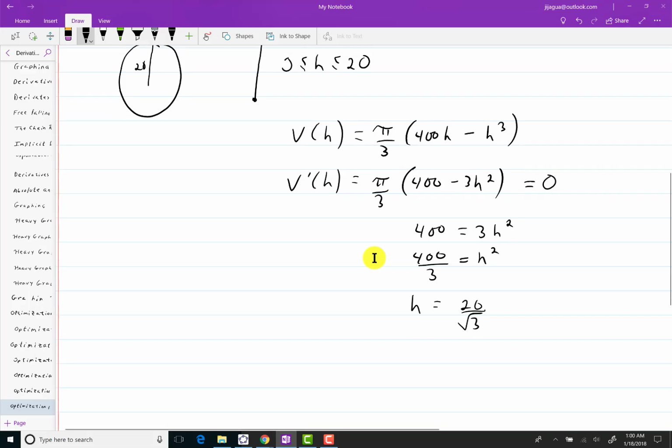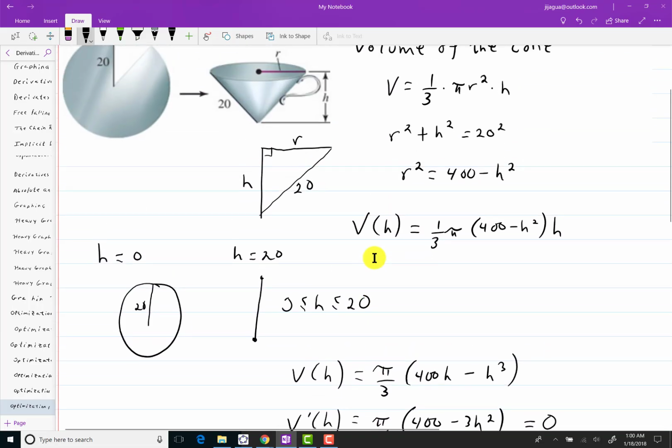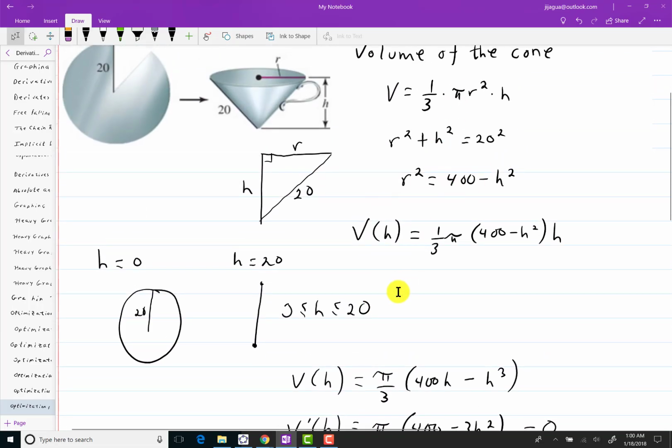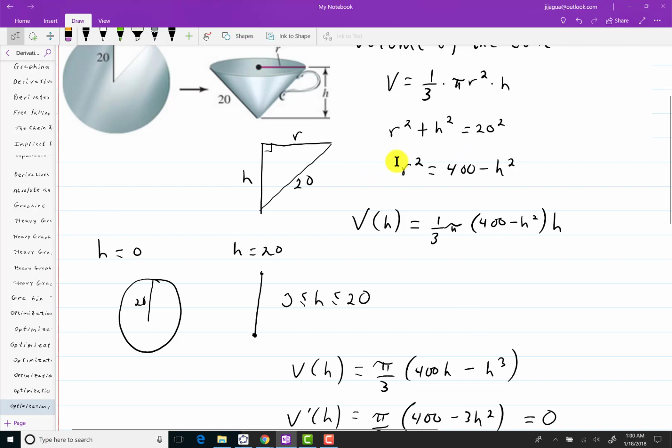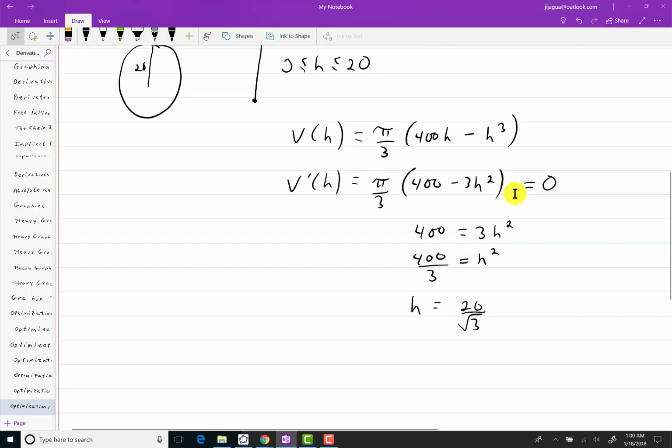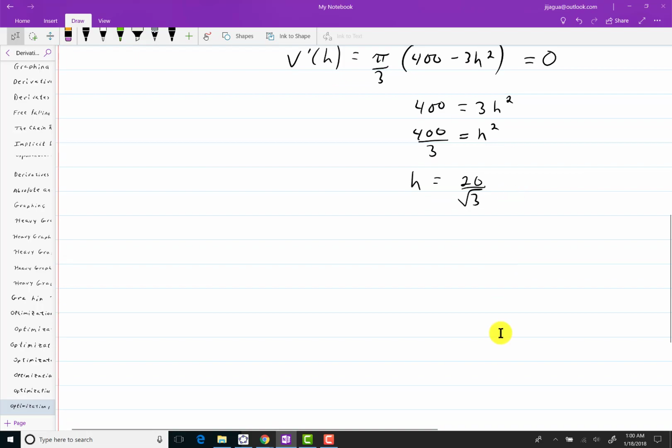And then r, where did r go? r squared is 400 minus h squared, so right here I'll have to take a root to get r. So r equals the square root of 400 minus h squared, which is 400 minus 400 over 3.